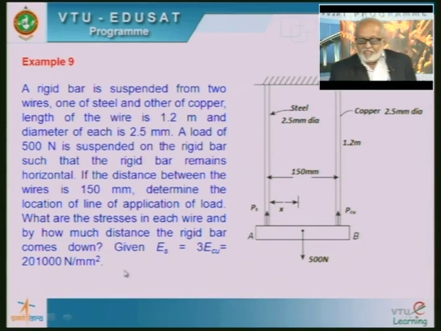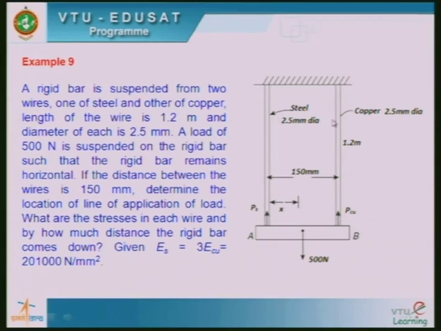So, we will again try to understand this problem. A rigid bar is suspended from two wires, one of steel and the other of copper. The length of the wire is 1.2 meters and the diameter of each is 2.5 mm. A load of 500 newtons is applied on the rigid bar such that the rigid bar remains horizontal.